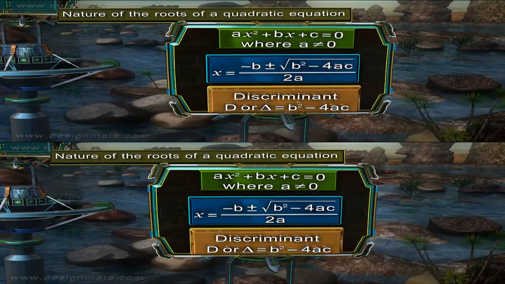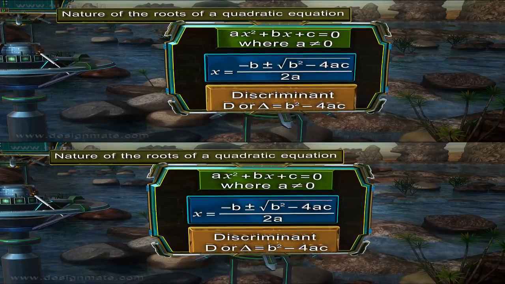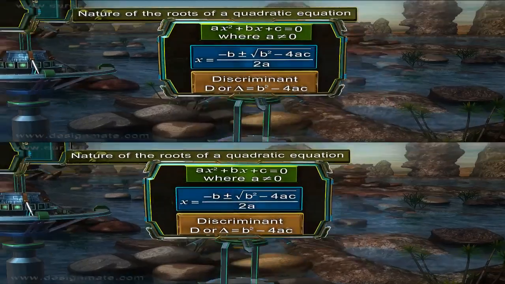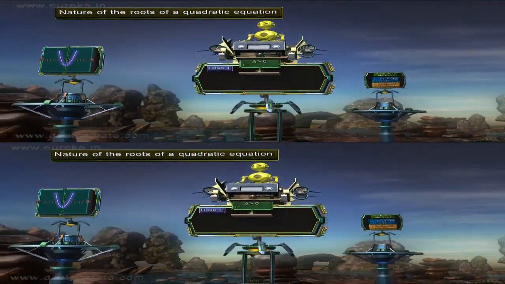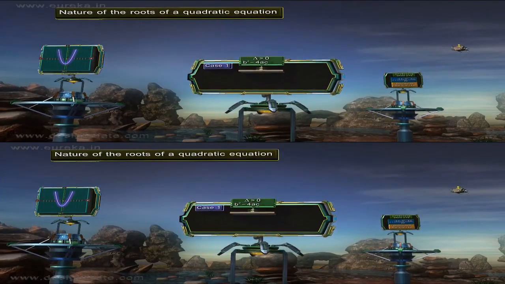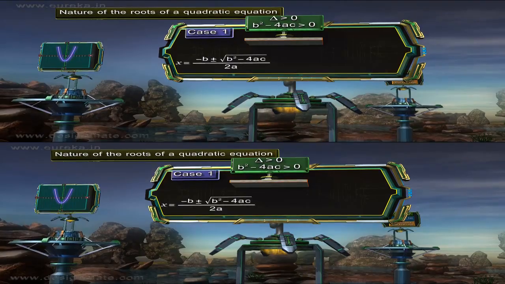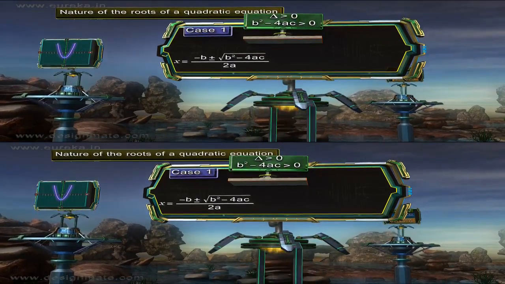The nature of the roots of a quadratic equation is determined by the discriminant of the equation. There are three possibilities. Case 1. Delta is greater than 0. That is, b square minus 4ac is greater than 0. We have a positive number under the radical sign which will have a real non-zero square root.